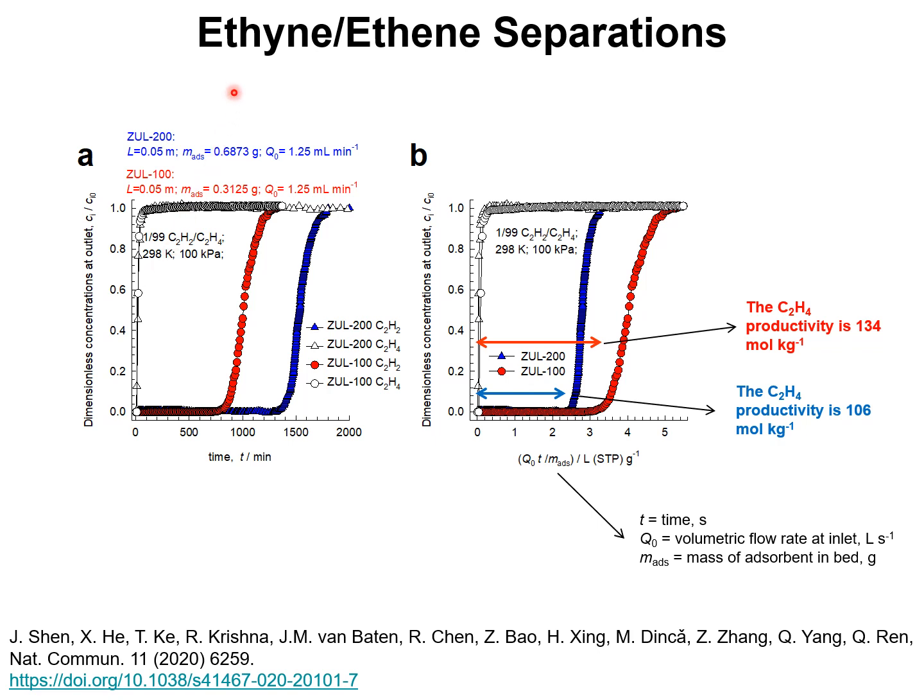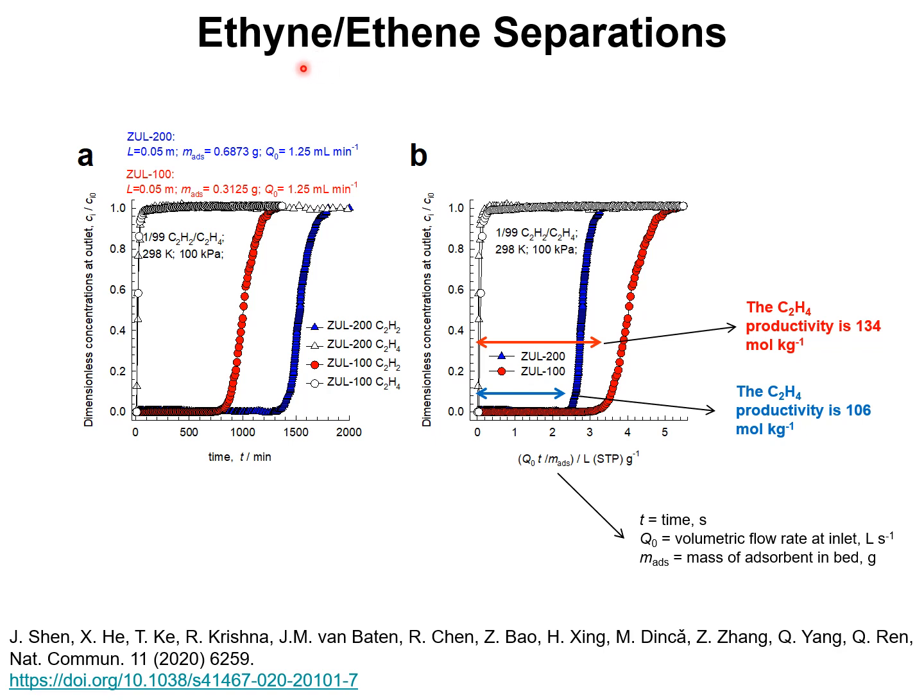The separation of ethyne-ethene mixtures is of industrial importance because ethene feedstocks to polymerization reactors need to contain less than 40 ppm of ethyne in order to prevent poisoning of the polymerization catalyst.